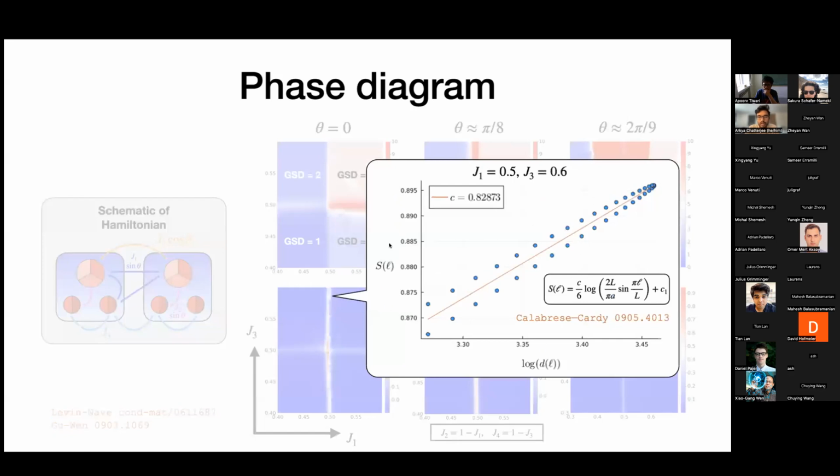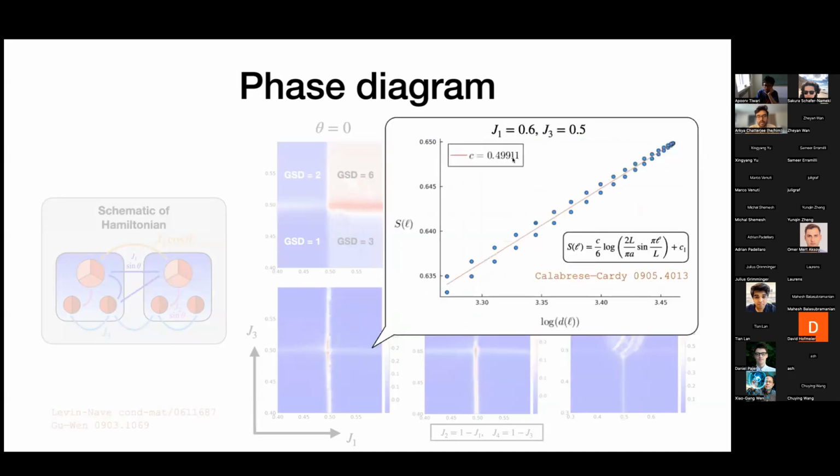Before we get to that, I just want to mention that you can compute the central charges using a different technique, using what is known as the entanglement entropy scaling. And you can actually extract pretty accurate values of central charge from this. On this line, it's close to 0.8, which is the central charge of Potts. As we predicted, this is a Potts transition. And on this line, it's very close to 0.5, which is the central charge of the Ising CFT.